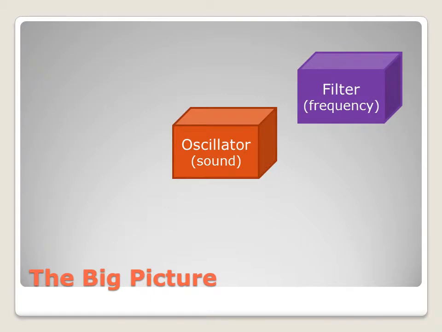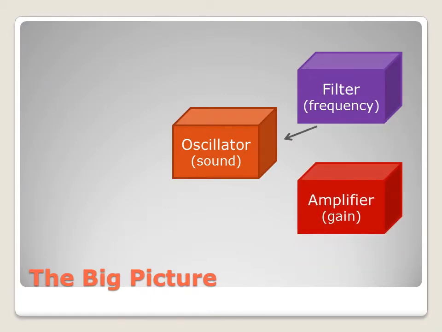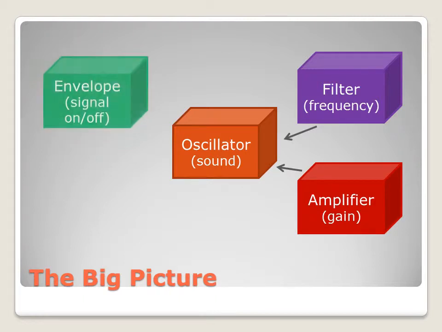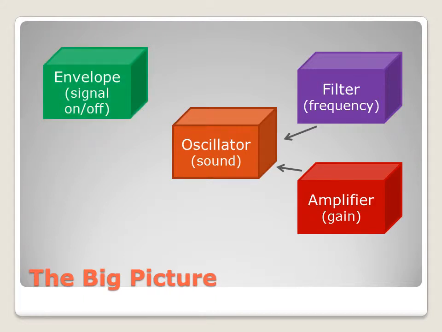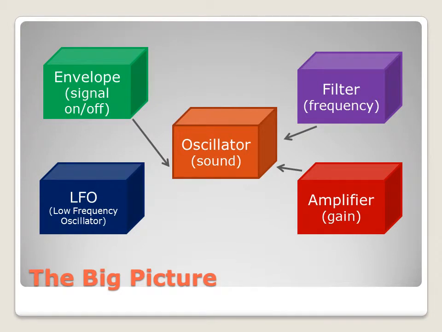This can then be modified by a filter, which affects the frequency, or an amplifier, which is going to change the gain, or an envelope, which is said to shape the sound and controls the on and off of the signal, say, as the key is pressed on the keyboard. And then the LFO, or low frequency oscillator, which operates at a much lower frequency than the original oscillator, can be used to control, say, for example, the filter and the amplifier or other modules.